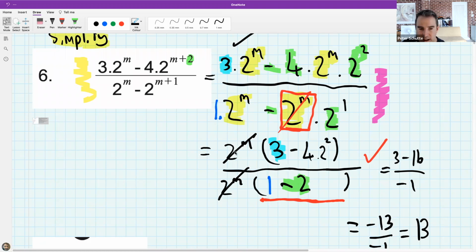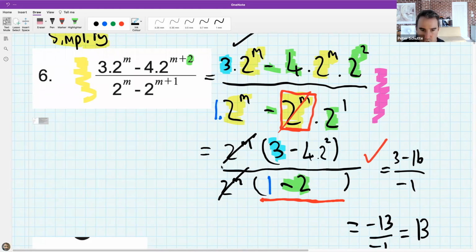And so that is why there is a common factor over here. But when you take out this common factor, you still have to think about what's left behind. So that's where the 3 was left behind here, and the minus 4 times 2 squared is down inside here. And the same thing is happening on the bottom. What's left behind? There's a 1. What's left behind? There's a minus 2.